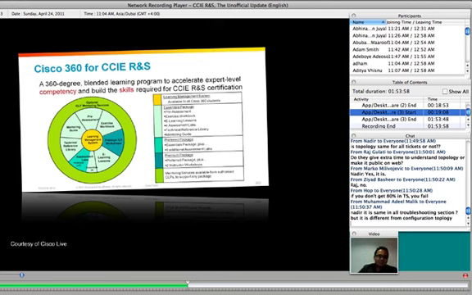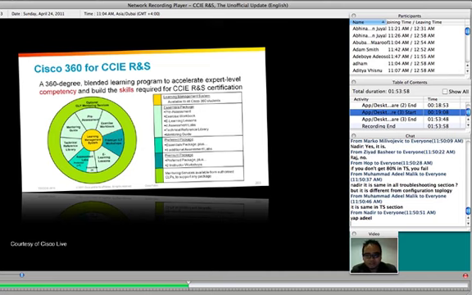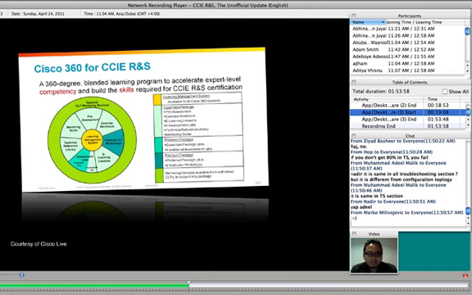This slide I took from Cisco Live to introduce the official Cisco program, Cisco 360, to help you pass this routing and switching lab. I didn't use this, so I cannot give a complete review.